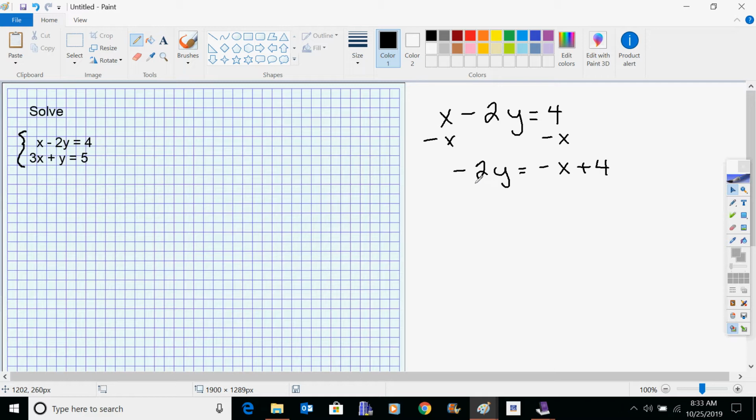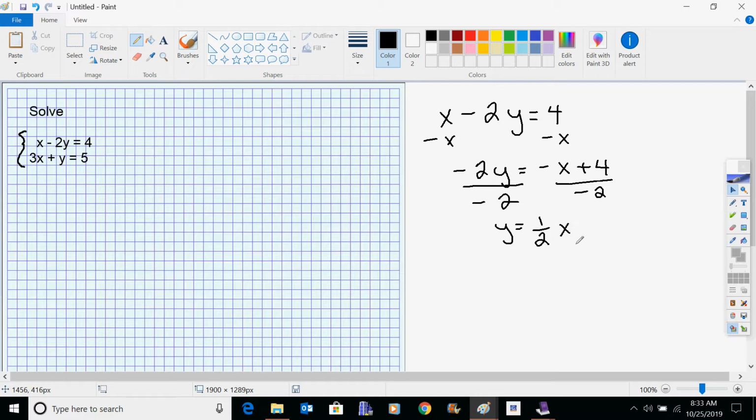And then we divide both sides by negative 2. Good. So when we divide by negative 2, just be careful that you have this broken down into two problems because the whole thing is divided by negative 2. So this one, negative x divided by negative 2 is 1/2 x.